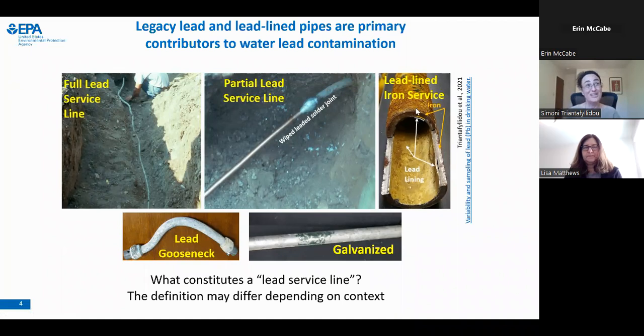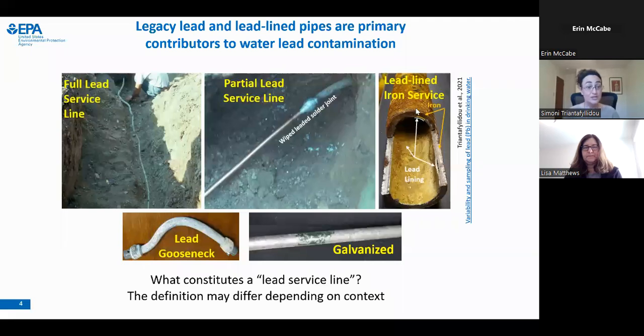And the pipe here has been cut to expose the lead lining inside, and that's the interior surface of the pipe that would come into contact with flowing drinking water. At the bottom left, we have a lead gooseneck, a much shorter segment of lead pipe in some areas of the country that used to be the main connector of the water main to the service line. And you can also see at the bottom right a galvanized pipe.